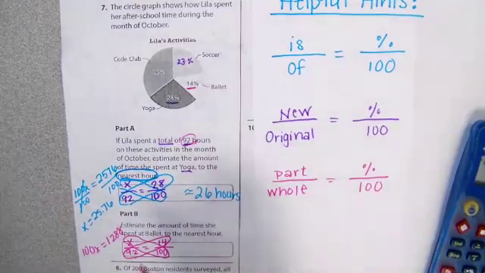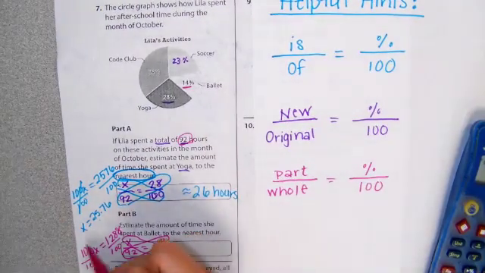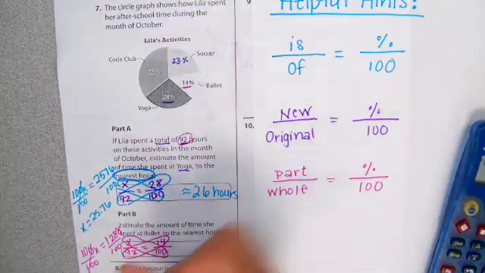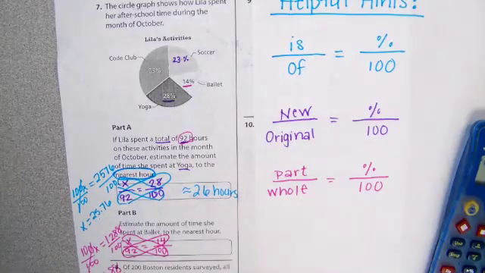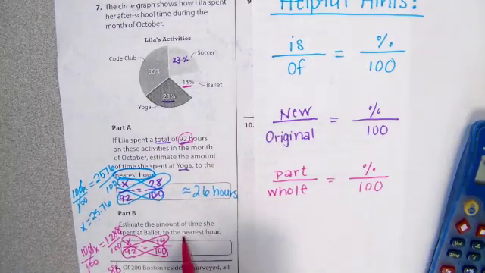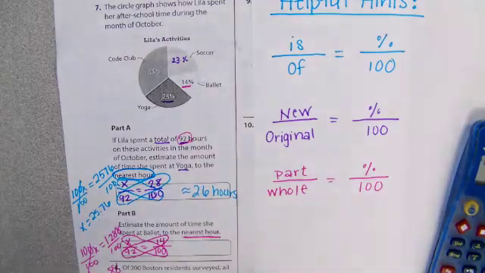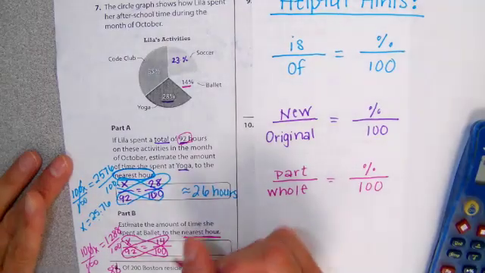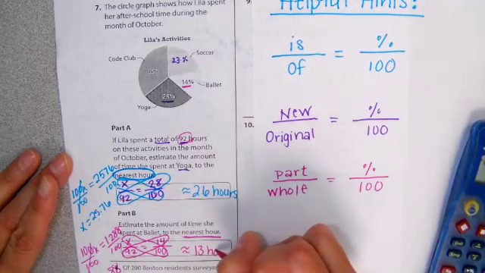Then we're going to divide out that 100 and we get x equals 12.88. But again, it says to round it to the nearest hour. So if I round 12.88 up, that's 13. So that's about 13 hours she spends on ballet.